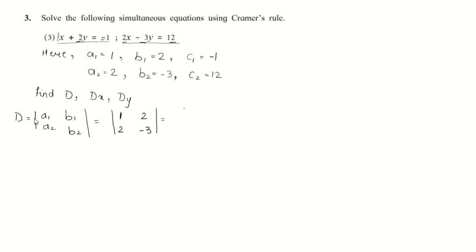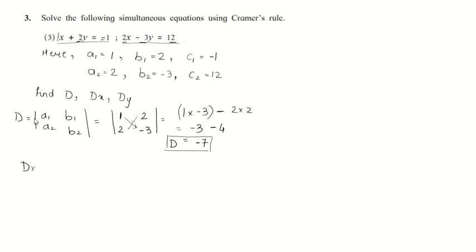Solving this, 1 into minus 3, there is a minus sign between, 2 into 2, is equal to 1 into minus 3 is minus 3, minus 2 into 2 is minus 4. So minus into minus is plus, 3 plus 4 is 7, sign of the bigger number minus. So D is minus 7.